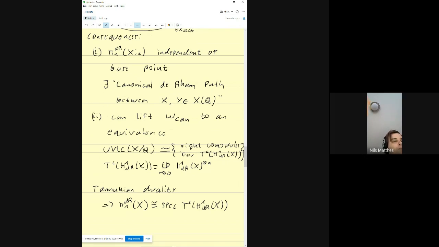And let me just add orally that this explicit description of the de Rham fundamental group is absolutely central, for example, in Brown's work on mixed Tate motives and multiple zeta values. So you're really crucially exploiting the fact that this de Rham fundamental group is very explicit.